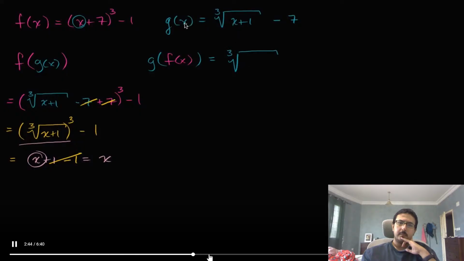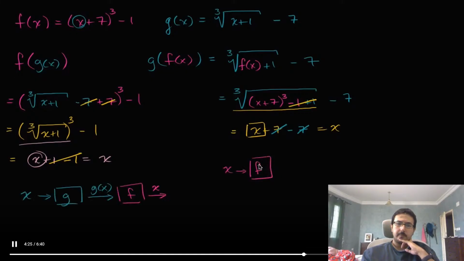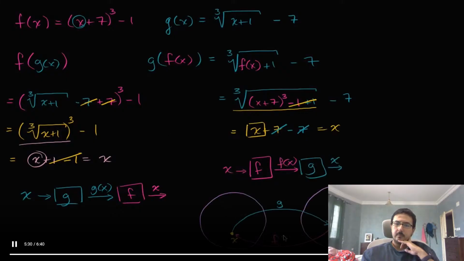So everywhere I'm seeing an x, I replace it with an f of x. So the cube root of f of x plus 1 minus 7. Lucky for us, subtracting 1 and adding 1, those cancel out. And so we're going to take the cube root of x plus 7 to the third power. Interesting. f of g of x is just x, and g of f of x is x.